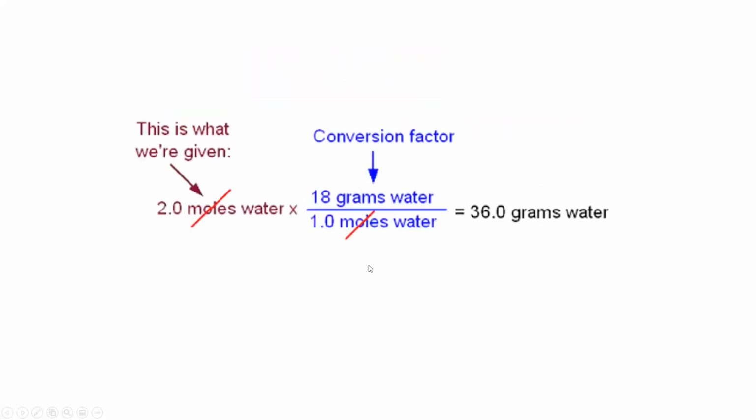In this case, you have to go from moles to grams. Well, you know that the given number is 2 moles of water, and you know that 1 mole of water is 18 grams of water.